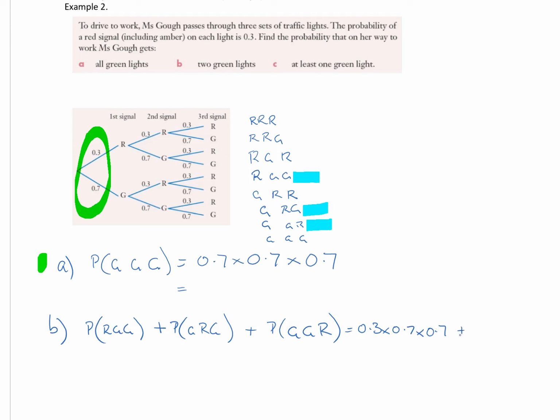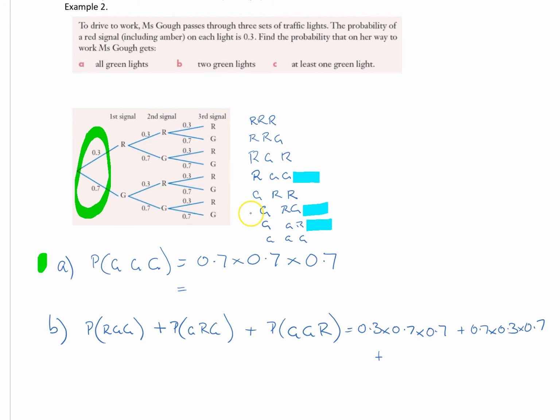You can probably see already that these are all going to be the same little calculations. Our green first, which was the 0.7, followed by a red, which is 0.3, and followed by a green, which is 0.7, which is exactly the same as this calculation.